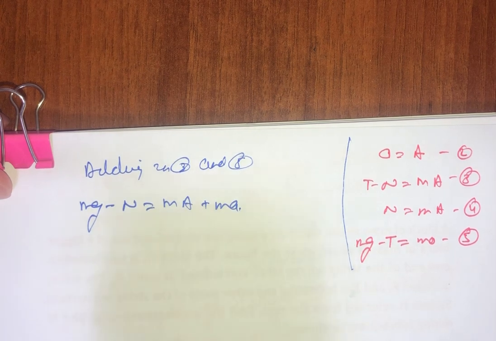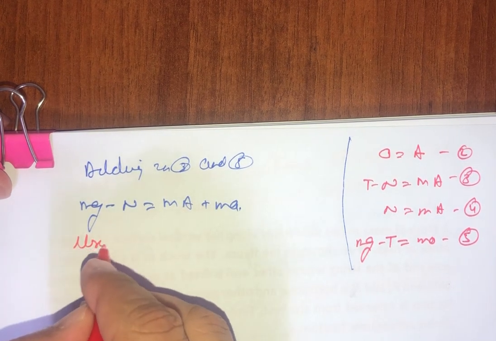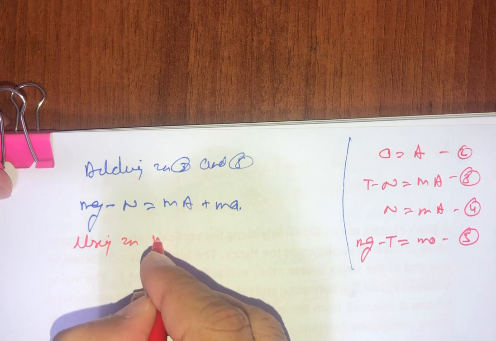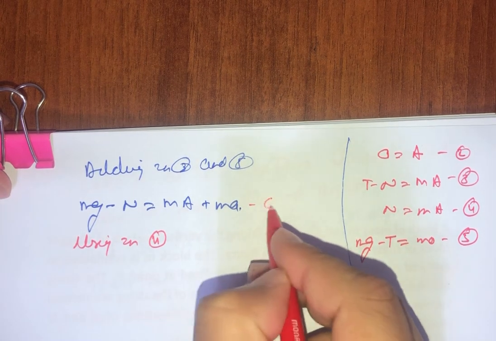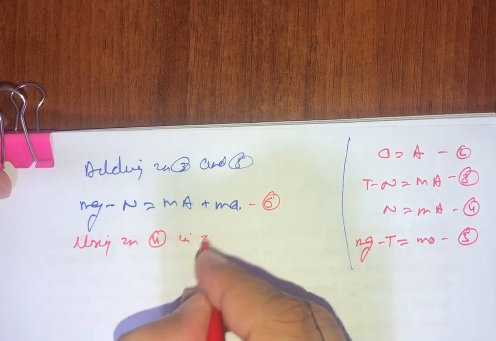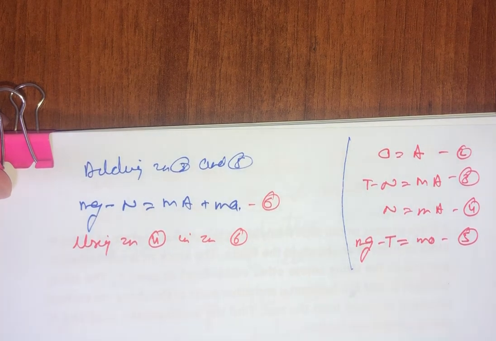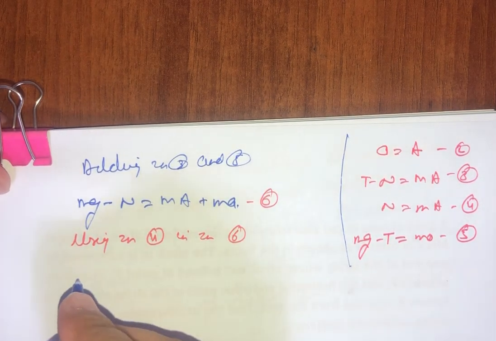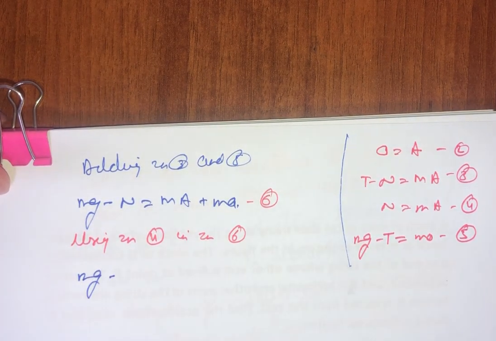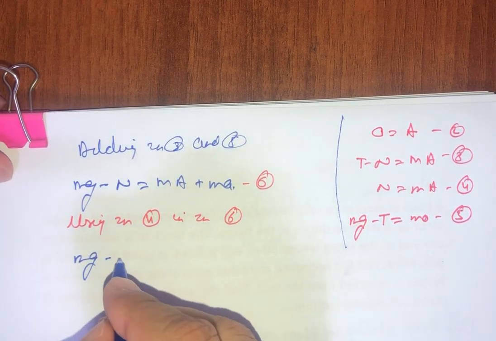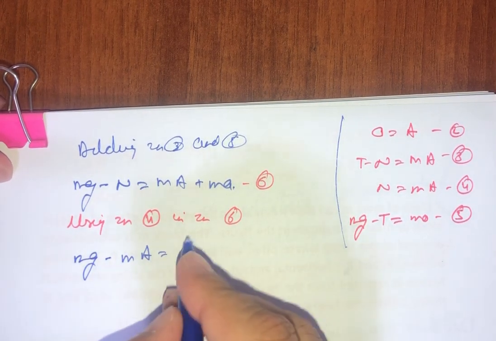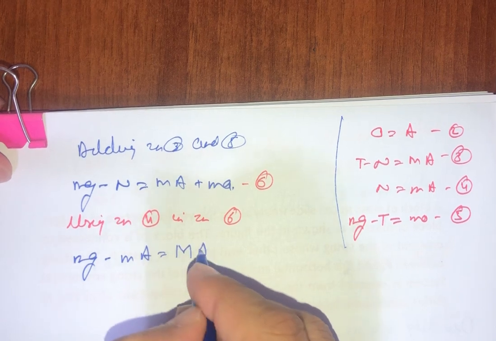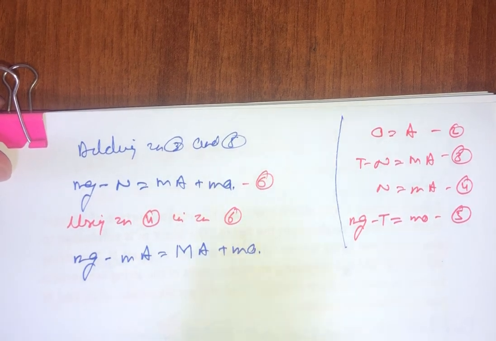So we can say that using equation 4, let us call this as 6. In equation 6, so we get mg minus ma is equal to Ma plus small ma.